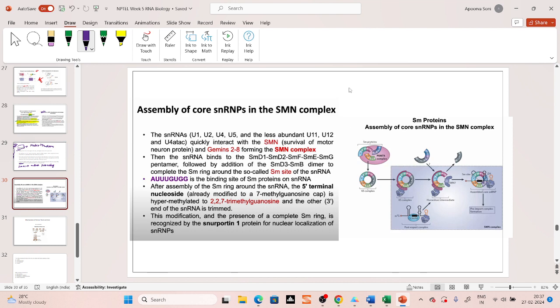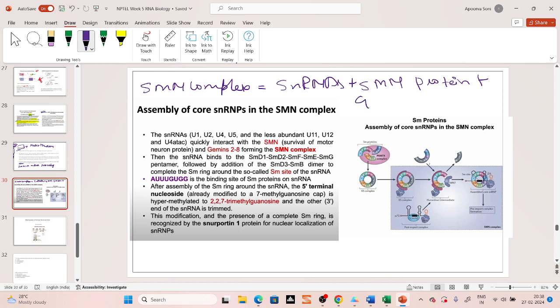So in the processing of RNA, the SMN complex equals snRNAs plus SMN protein plus gemins, which are again one type of protein, gemins 2 to 8.